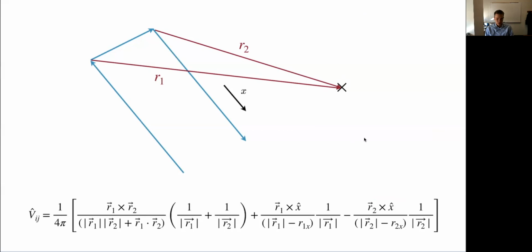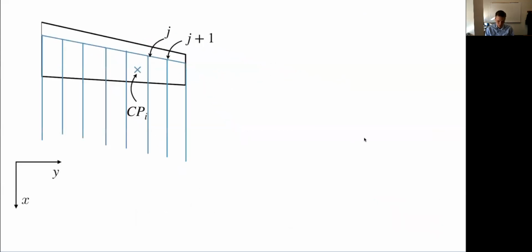Okay, so how does that translate to what we need? Well, remember what we want to do is evaluate the influence of some arbitrary panel or horseshoe vortex j, which I'm going to highlight here. So here's my jth one. I've got one corner, we'll call this x, y, z j and x, y, z j plus 1. This is this one horseshoe vortex. And I calculate the influence at this other location, control point i.